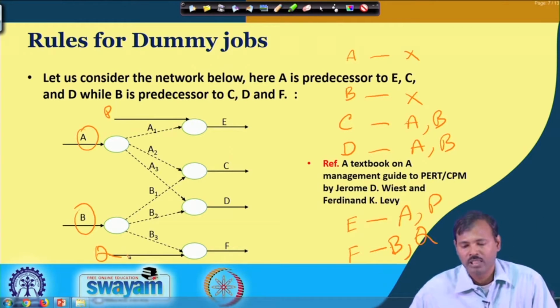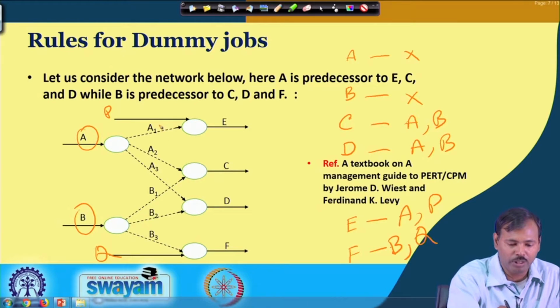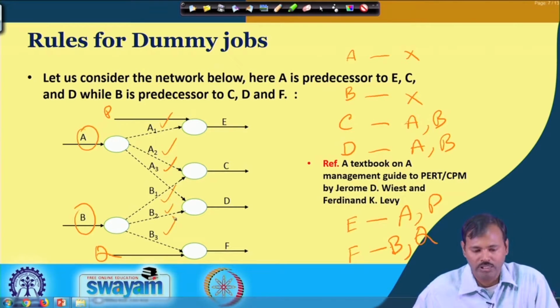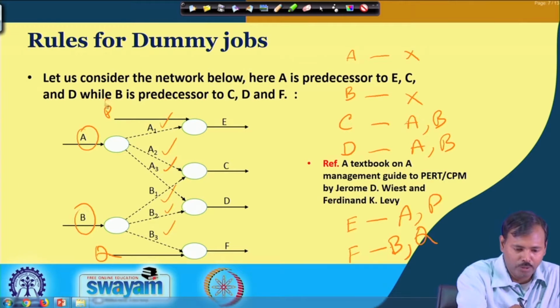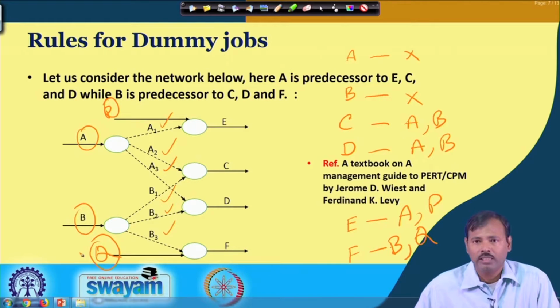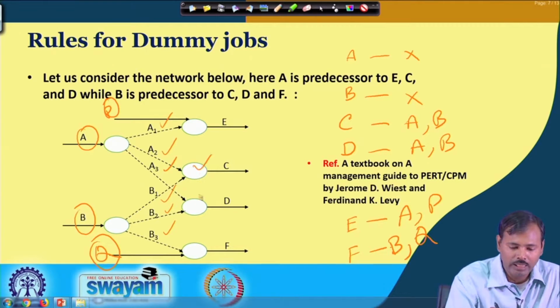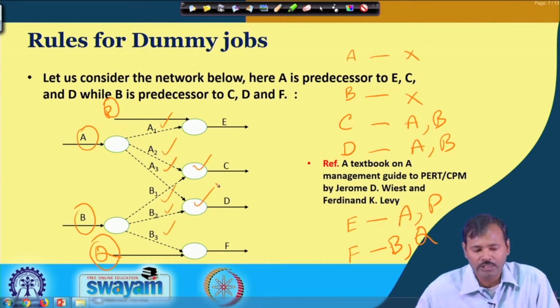So, this is the predecessors table provided to us, and initially when we are placing, we have used all these dummy jobs A1, A2, A3, B1, B2, B3 for showing their dependency on C, D, E, and F, and P and Q, these 2 jobs are the only predecessor job for E and F respectively, and that is why we place them accordingly and directly connect them to the E. But in this case, as per the previous rule we have discussed, you can see for C and D the only 2 predecessors are A and B, that is common to them.